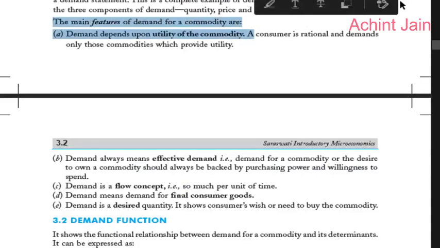The first one is that demand depends upon the utility of the commodity. As a consumer you are rational, and your desire or demand depends on the utility. If you have no consumption need, then you will not purchase the product from the market.